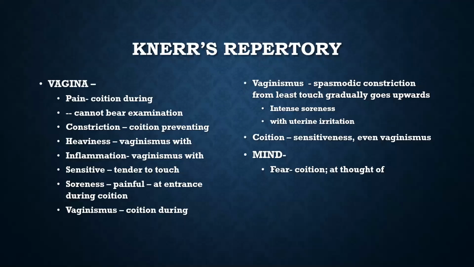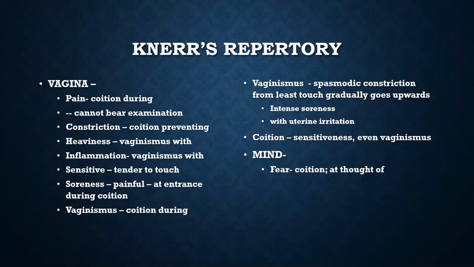Then constriction, coition preventing, heaviness, vaginismus with, inflammation, vaginismus with, sensitive, tender to touch, then soreness, painful at the entrance during coition, vaginismus coition during again, vaginismus spasmodic constriction from least touch gradually goes upwards, intense soreness, then with uterine irritation. What I mean to say is, in Boericke's repertory, you'll get many more symptoms and a much wider choice of rubrics.